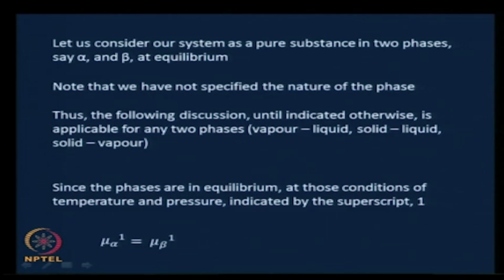Mu alpha at the conditions specified by the temperature and pressure, we will indicate that by 1, must equal mu beta, which is the chemical potential of the pure component in the other phase, in the beta phase.